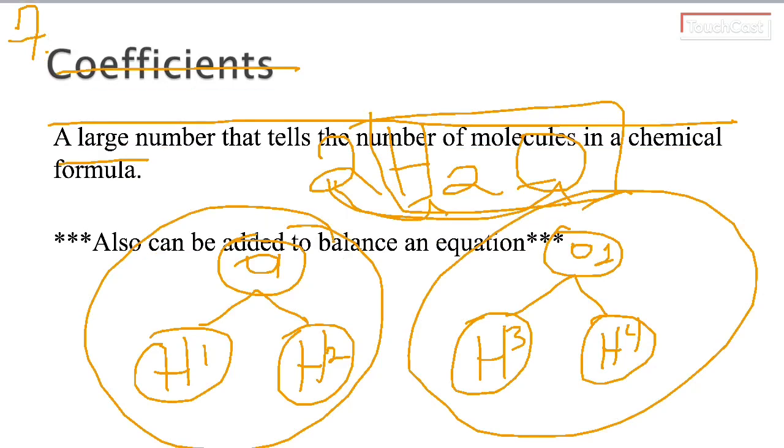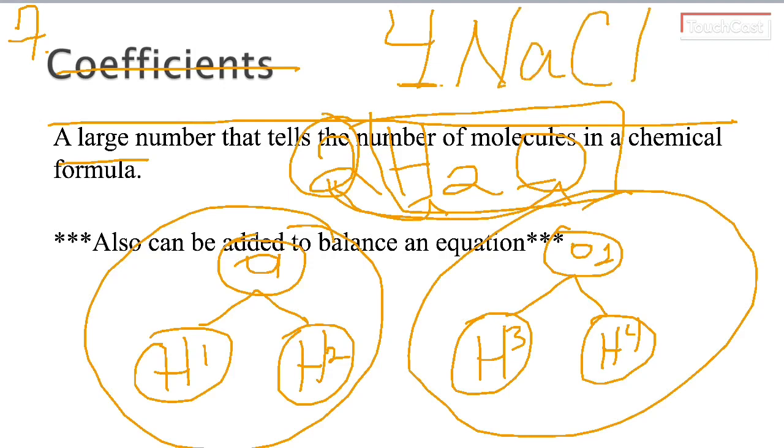Alright, so this number right here, that is the coefficient. Okay, so the coefficient is the large number. So if I had a different formula like 4NaCl, this large 4, that is my coefficient.